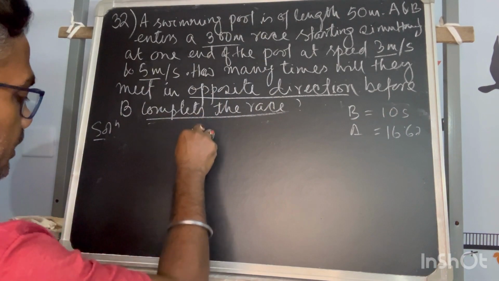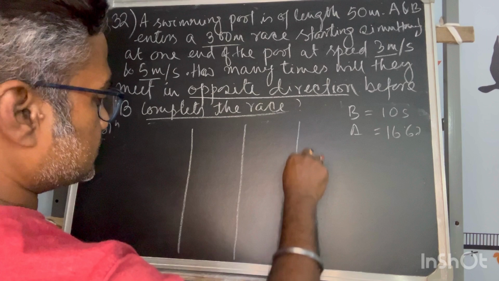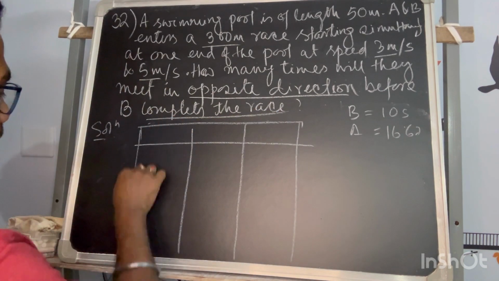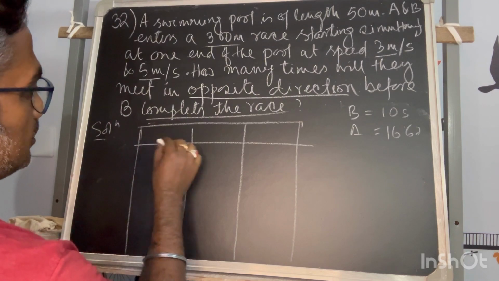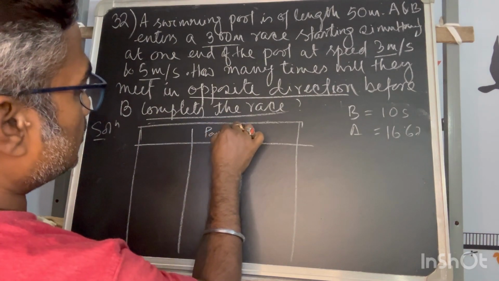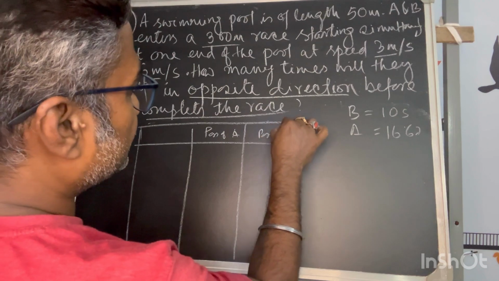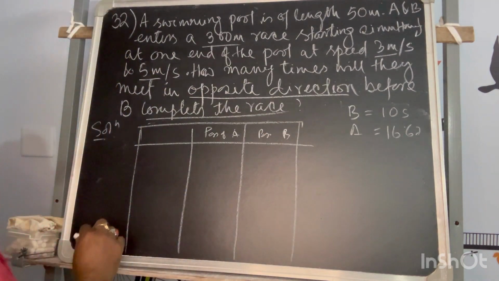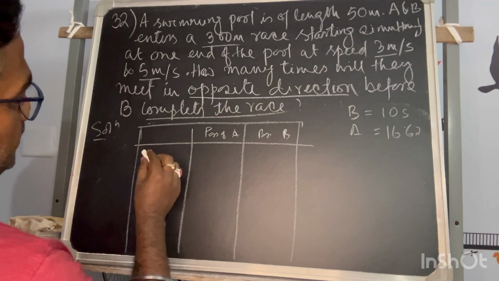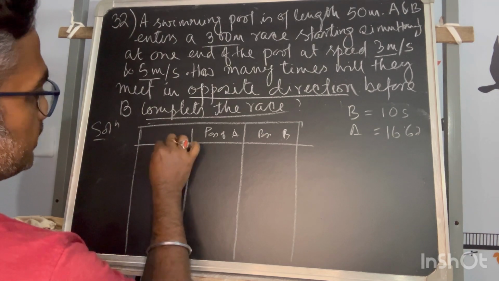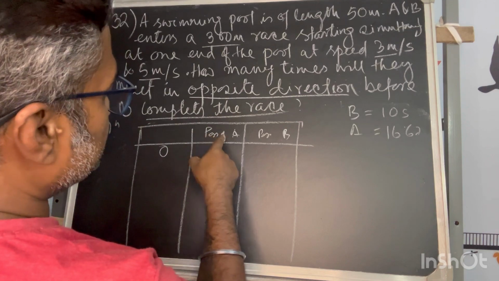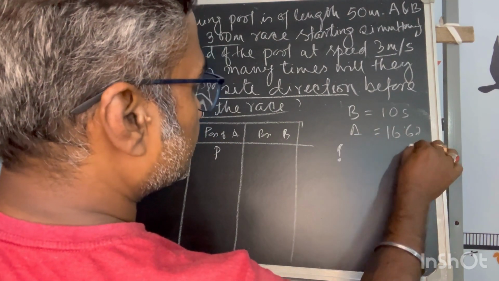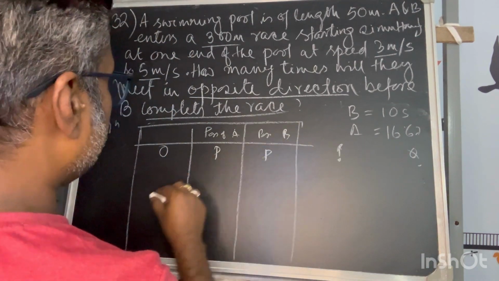If I make it in tabular form to make you understand, this is the second position of A and position of B for reference. What we can say, at 0 second position of A is at P, because I am taking P and Q. Position of B is also at Q.